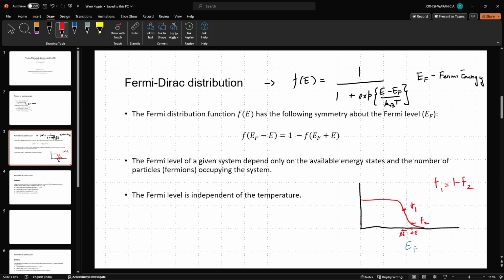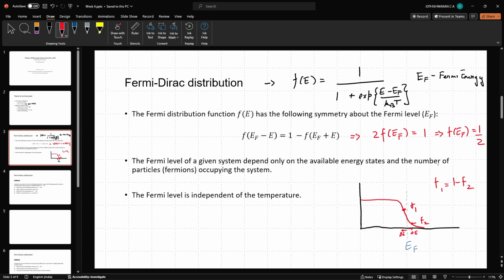From this we can also see that if I set E equal to 0, then we get twice f of EF is equal to 1, which implies f of EF is 1 over 2, irrespective of the temperature.